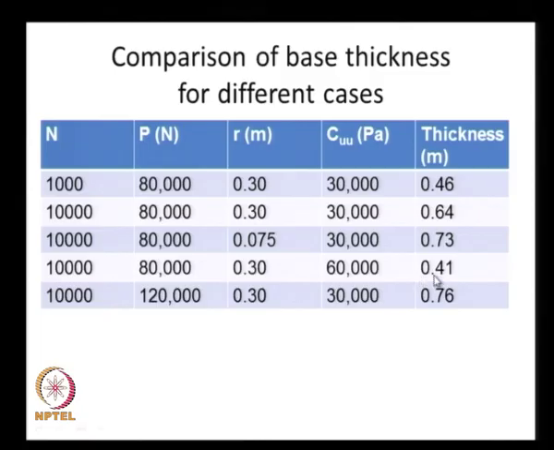So now the thickness has reduced to 0.41 from the earlier 0.64, and if we increase the axial load to 120,000 newtons, while all other parameters are the same, the thickness of the pavement increases to 0.76 meters.